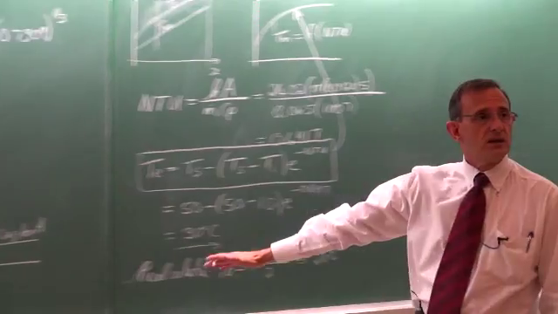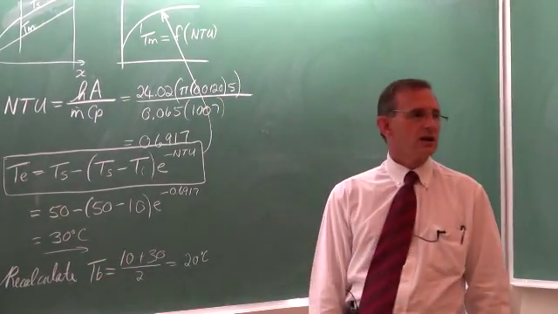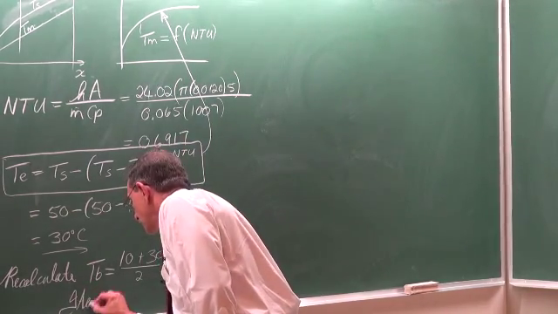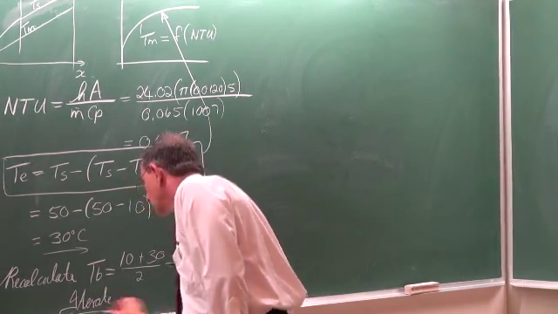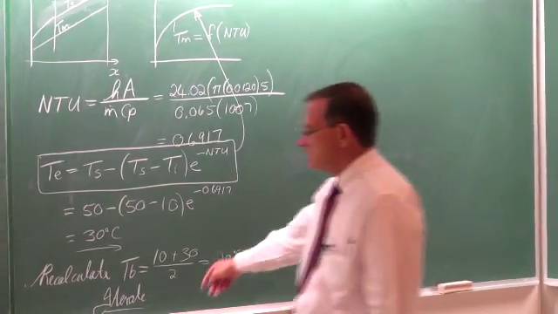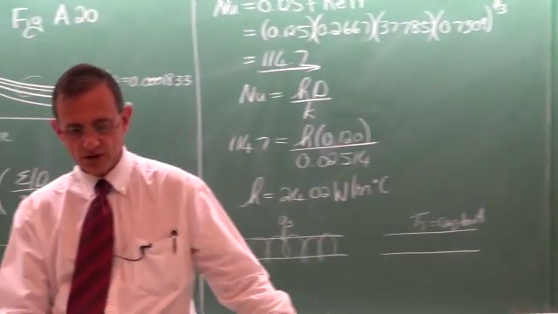You don't have to do that in the test and exam, but you have to tell me. You have to recalculate TB and iterate. In this case, we do not have to iterate, but if you didn't choose the bulk temperature correctly, then you're supposed to do that.